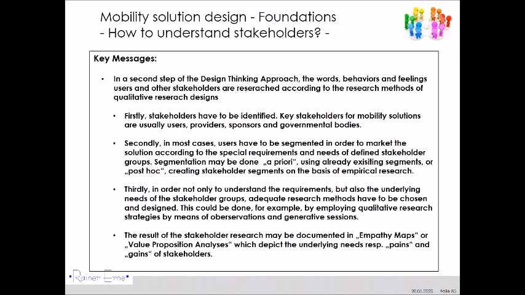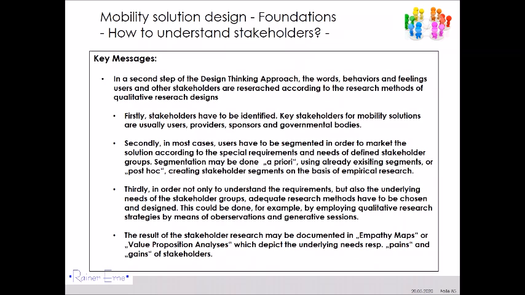The key messages for understanding stakeholders in this phase of the design thinking cycle are that you, first of all, identify the stakeholders, with the emphasis on relevant stakeholders. That are the users, of course, but that might also be the providers, the supporters, the sponsors.